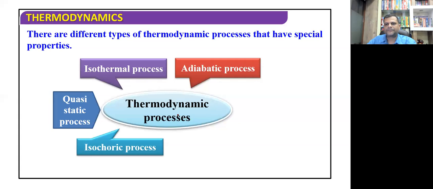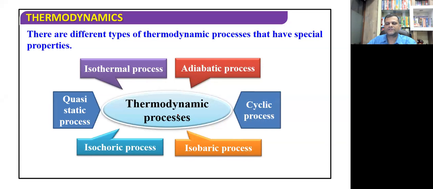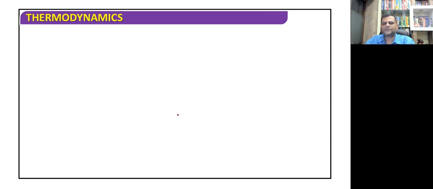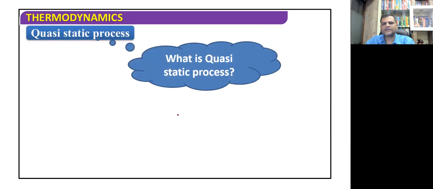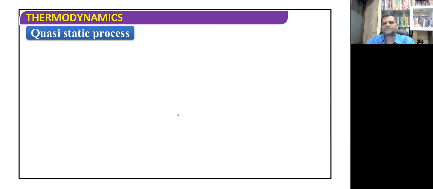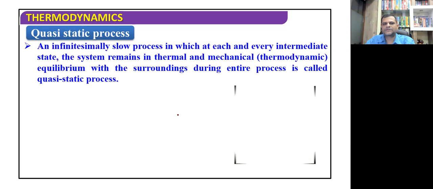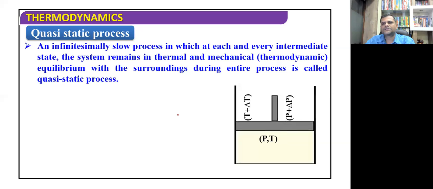तो अब यहाँ पे ये अलग अलग प्रोसेस हम देख सकते हैं इस थर्मोडायनामिक्स के अंदर, जैसा कि आइसोथर्मल प्रोसेस है, क्वासी-स्टैटिक प्रोसेस है, आइसोकोरिक प्रोसेस होता है, एडियाबेटिक प्रोसेस होता है, साइक्लिक प्रोसेस होता है और आइसोबारिक प्रोसेस होता है। तो ये सब प्रोसेस हमको एक एक करके डिटेल में देखने हैं। देखो सबसे पहले अगर हम देखेंगे व्हाट इज क्वासी-स्टैटिक प्रोसेस, it is the slow process. ठीक है ना, क्वासी-स्टैटिक प्रोसेस मतलब the process which takes place very slowly.